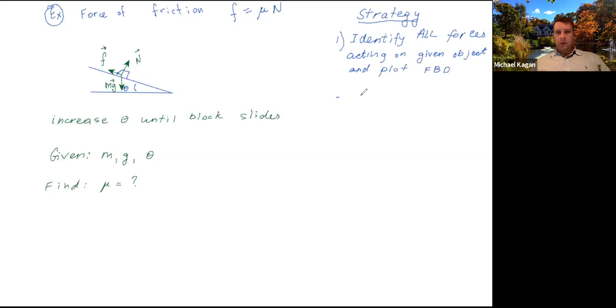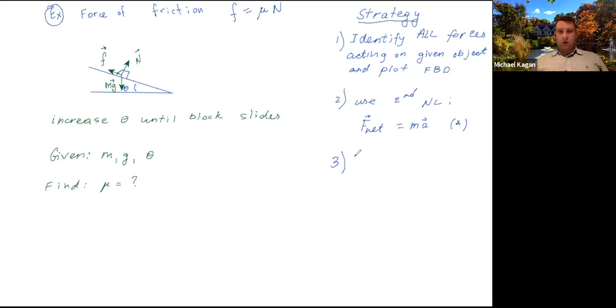In step two, you use Newton's second law and write F net equals ma, after which you expand F net in terms of all the forces you've identified in step one. Okay. And then this is a vector equation. You want to extract scalar equations. So if it's a two-dimensional problem, this is actually two equations.